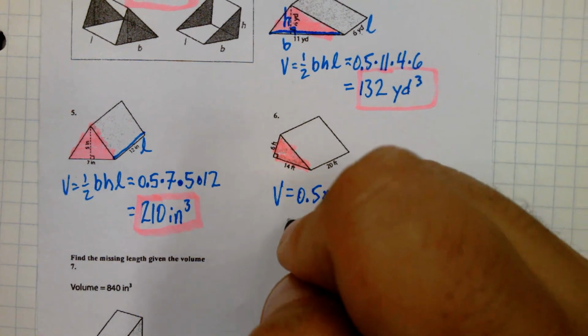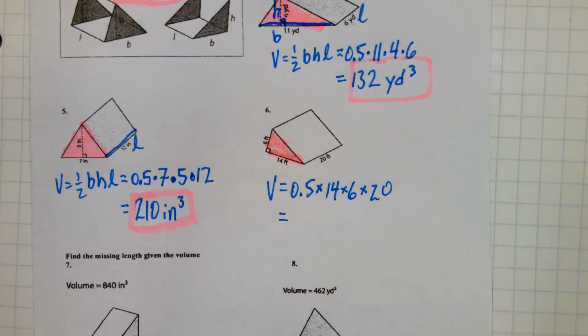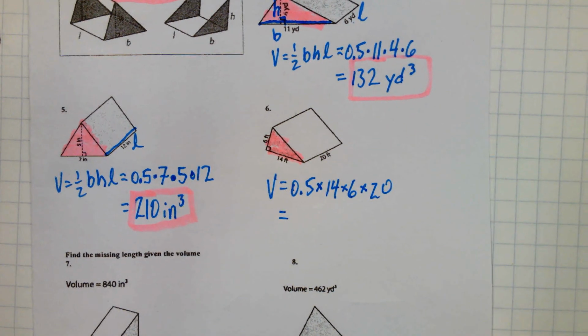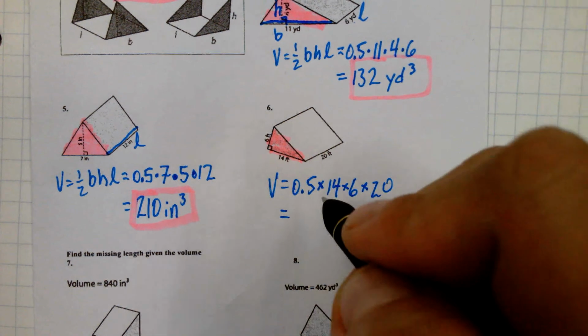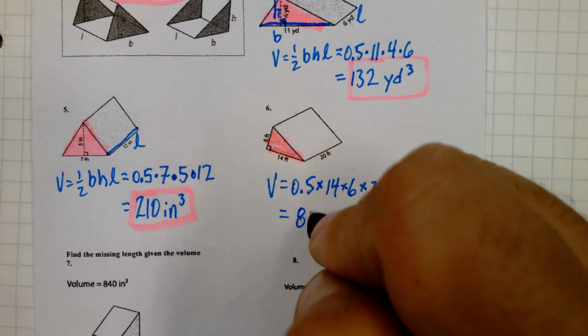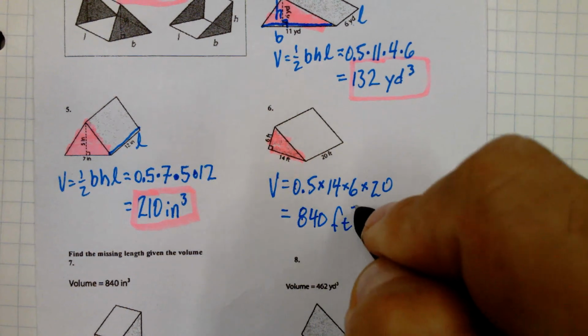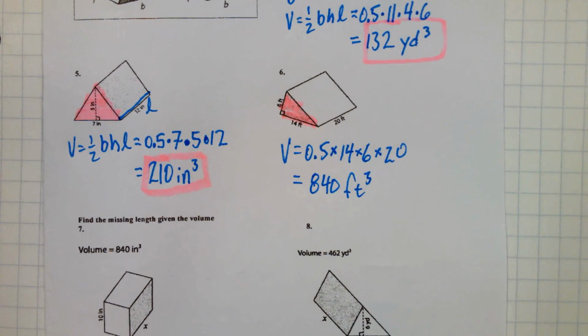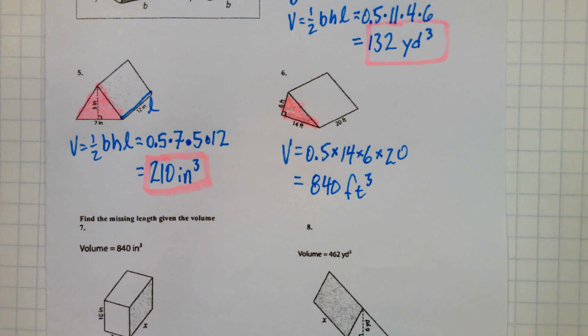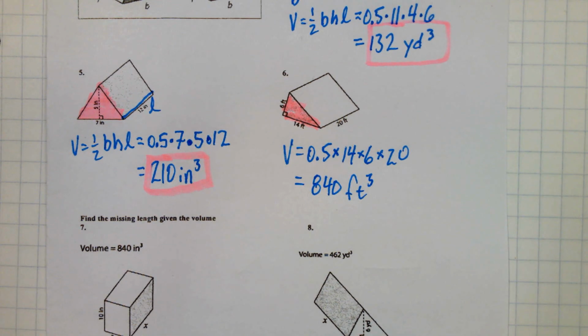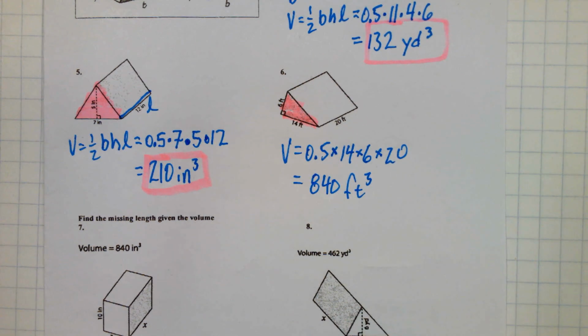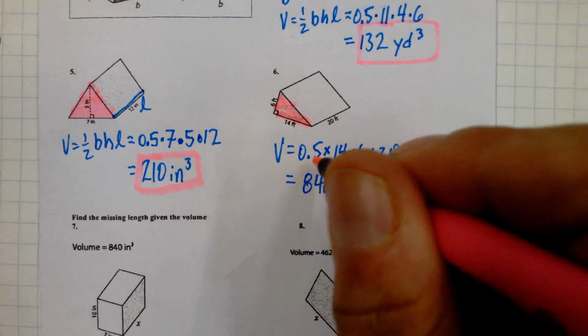Okay. So let's multiply those. And what do we get? 840 cubic feet. 840 cubic feet. And if you're pouring cement, that would be a lot of cement. By the way, in the construction field, they use volume a lot, along with all kinds of other measurements.